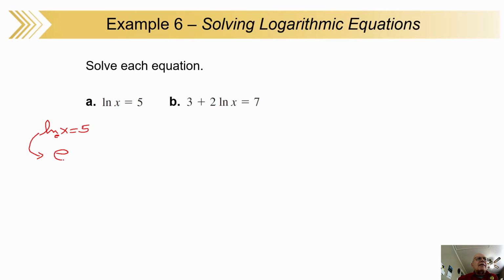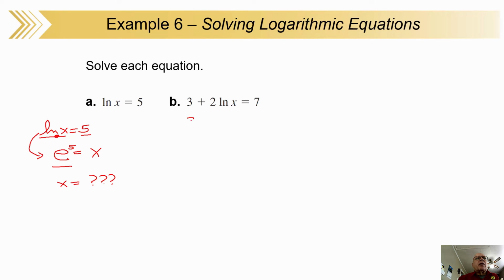First I'll write the base. What does the base have for an exponent? Well, logarithms are exponents. So 5 goes there. Where's the x go? Right there. All you have to do is put that in your calculator and you'll find out what x is. I'll leave that to you.